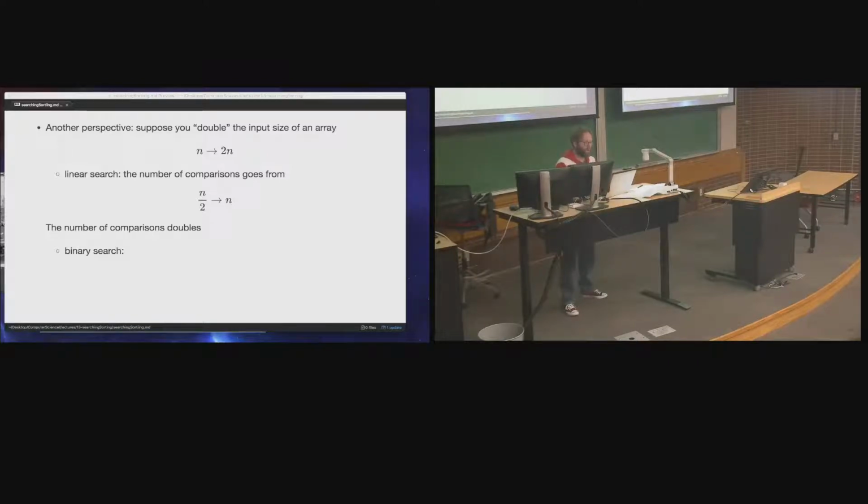What about binary search? You go from log base 2 of n to log base 2 of 2n. One more log identity and then you're free of log identities for the day. What do you do with log of a times b?